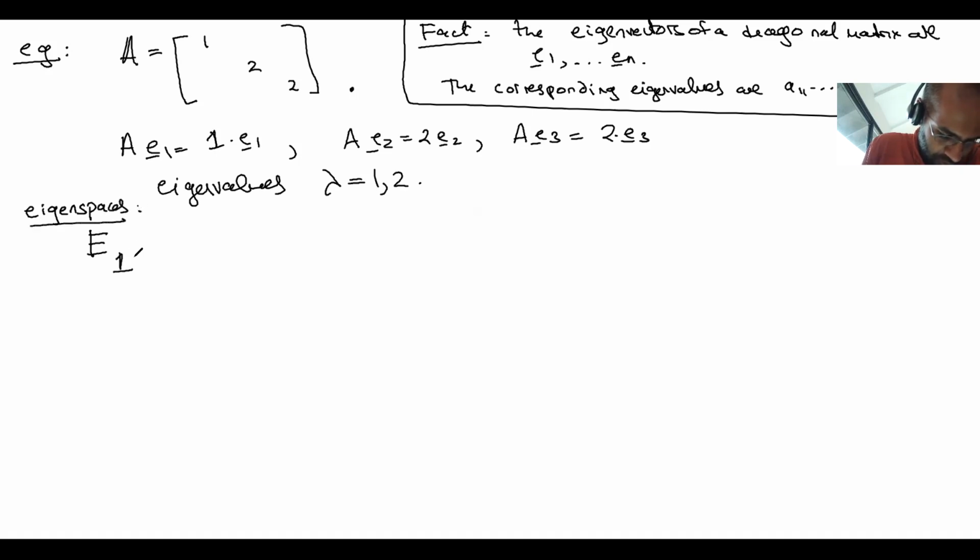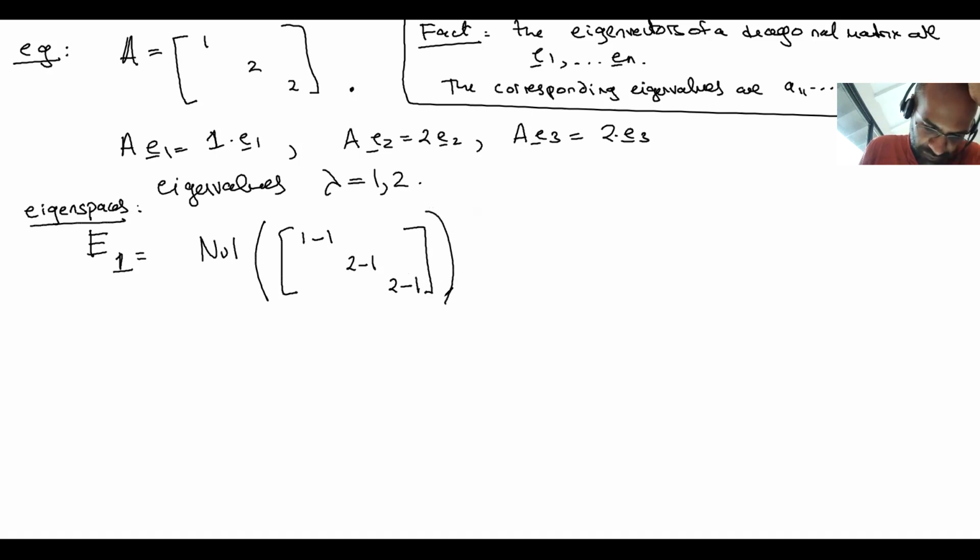So E1 is going to be the null space of A minus 1 times identity. So that's going to be 1 minus 1, 2 minus 1, 2 minus 1. So this matrix is A minus 1 times identity, right? That's not very good notation, but you can see.